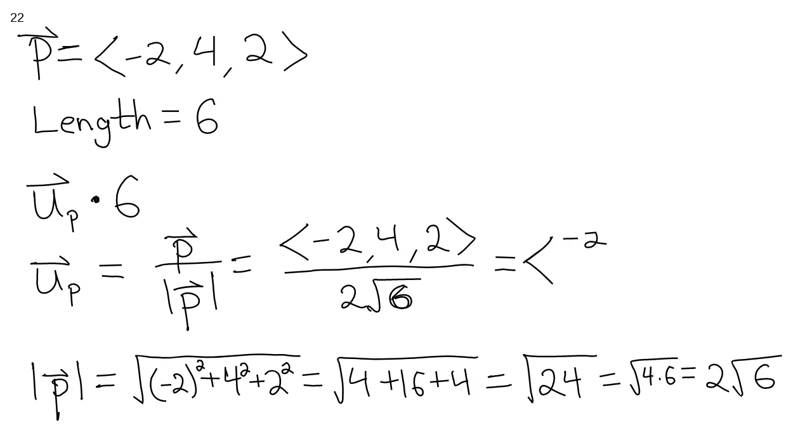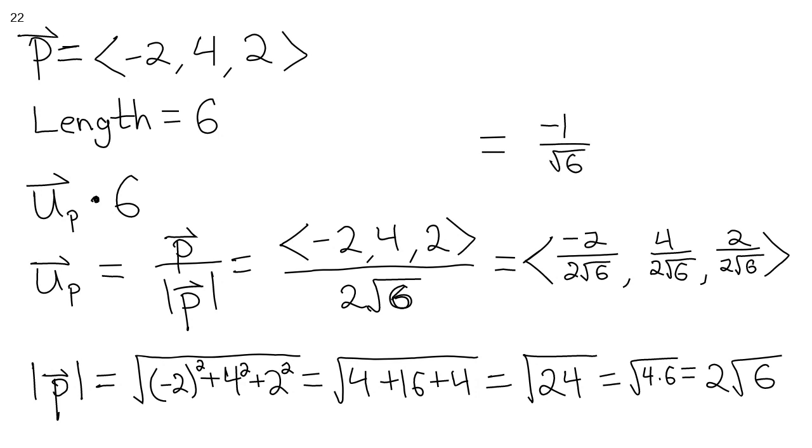And you get -2 over 2 root 6, 4 over 2 root 6, 2 over 2 root 6. And if you want to simplify, that's -1 over root 6, 2 over root 6, and 1 over root 6 in the z.